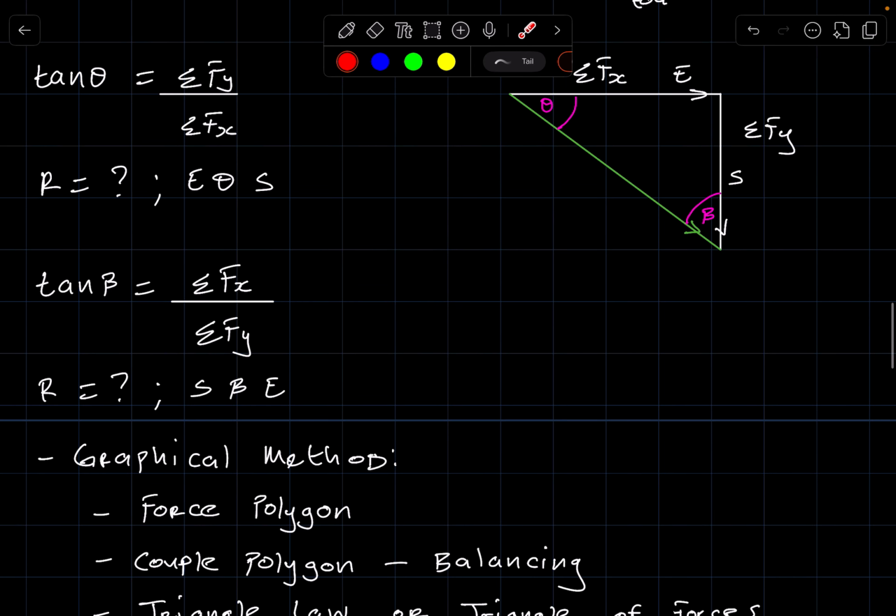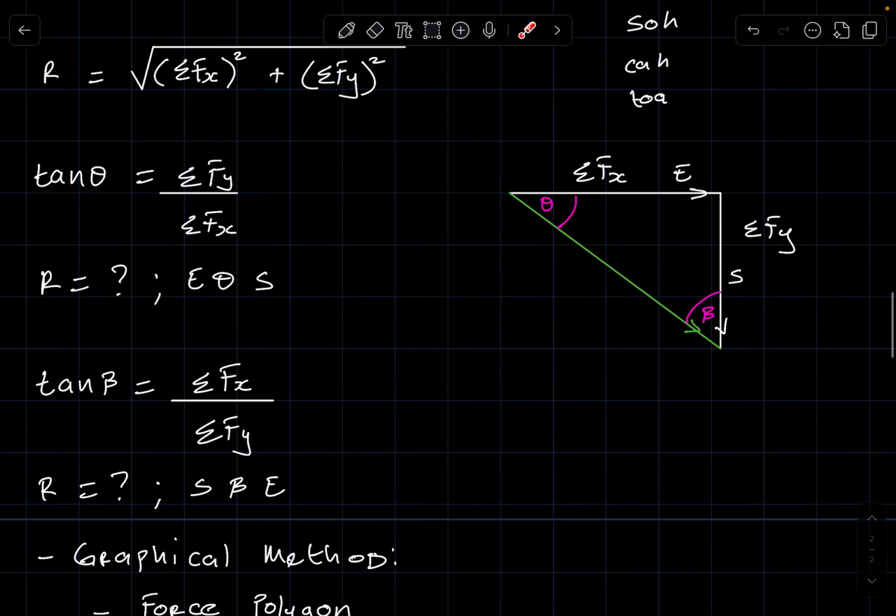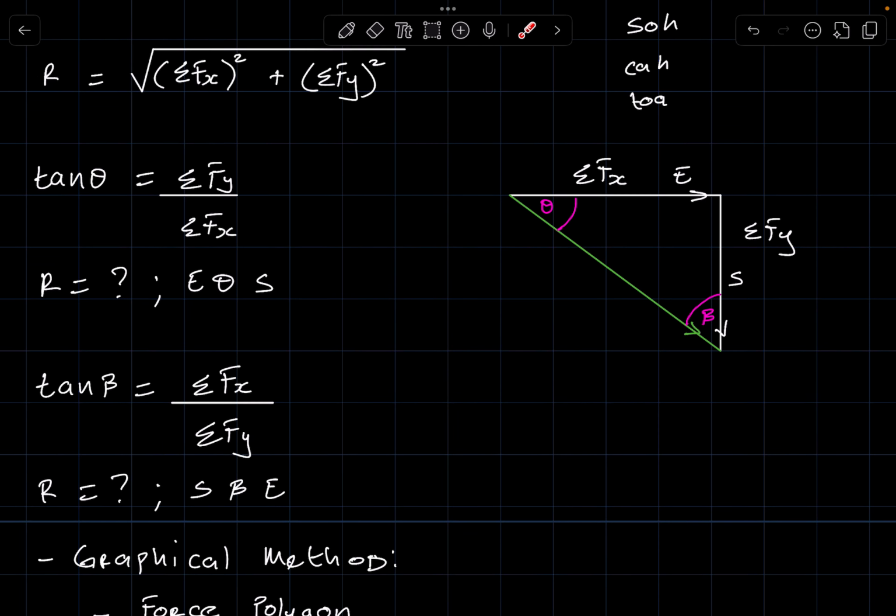Now, if the angle you calculated is this one instead, the angle that is referenced from the y-axis, so beta is referenced from the y-axis, you use the very same trig ratio, tan beta. Tan beta is equal to the side that's opposite the angle, which is this one, hence you have the sum of Fx here, divided by the side that is adjacent to the angle, which is this one.